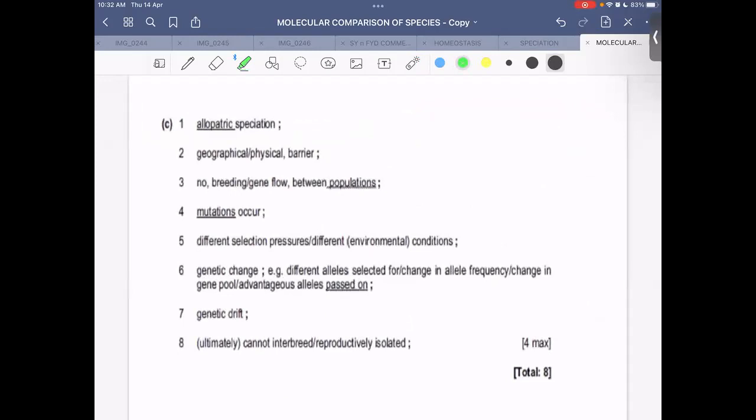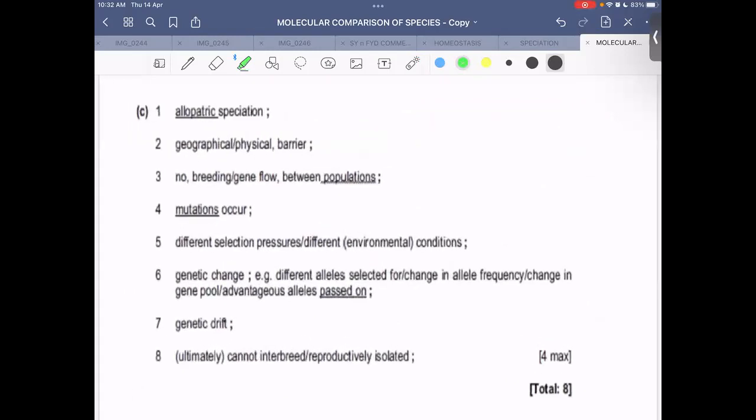Number 1, allopatric speciation has happened due to the fact that there was a geographical or physical barrier, which led to a stoppage of the gene flow between these 2 populations, and maybe random mutations were also happening at the same time. Since these 2 populations were separated geographically and there was no interbreeding or gene flow between them, and also at the same time they were exposed to different environmental conditions, we expect different selection pressures to operate on them.